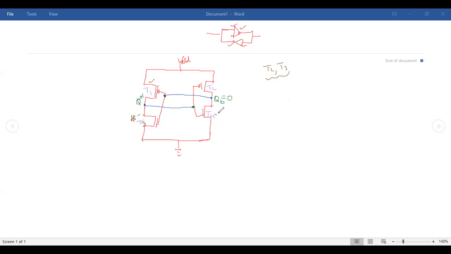This one will turn on T4 and turn off T2. If T2 is turned off, it's an off transistor, so it will leak current. So T2 and T3 will be the current leaking transistors in this case. Please tell me if you have not got this even now, or is it clear to you which are the current leaking transistors?